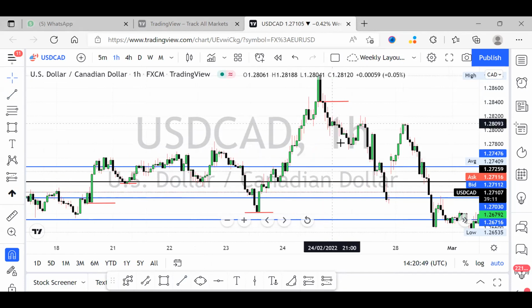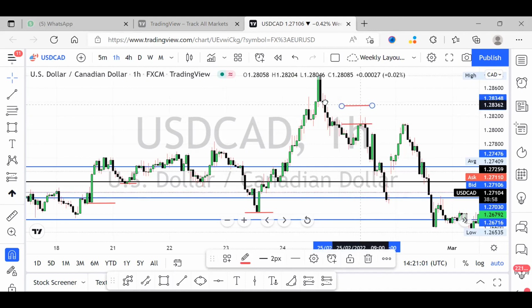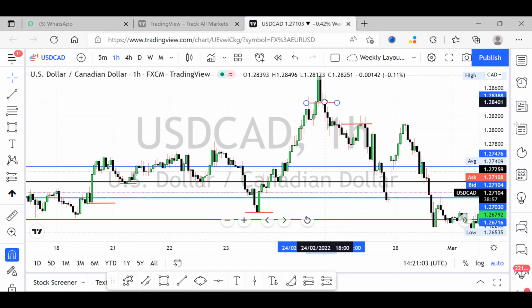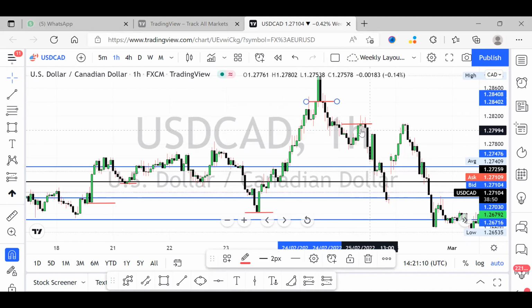As price goes lower, then goes back up, this is the opportunity that you're looking for, that price is going to go down rather than go up. So as price goes down, it starts to make lower lows, lower lows, lower lows.